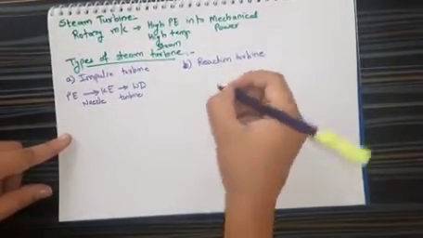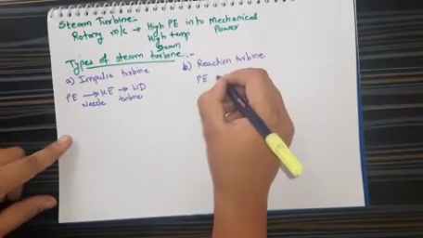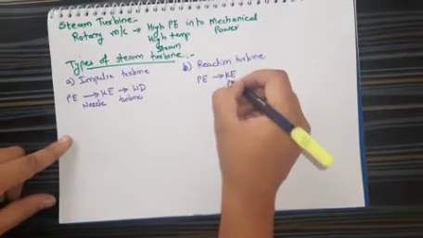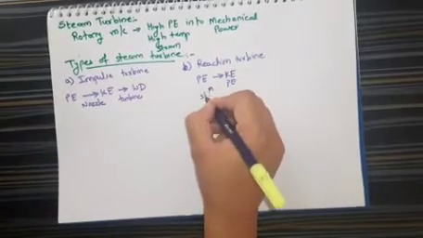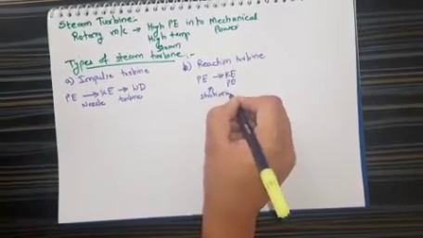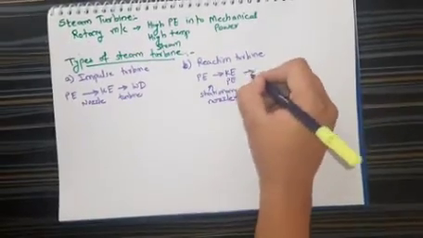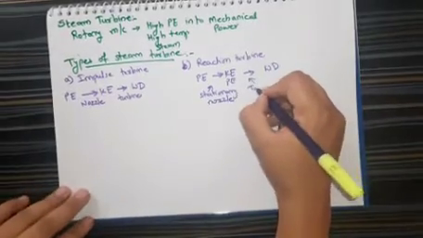While in a reaction turbine, the pressure energy is partially converted into kinetic energy and the pressure energy drops when it is passing through the stationary nozzle. And further, it will be converted into work when it is passing over the turbine blades.